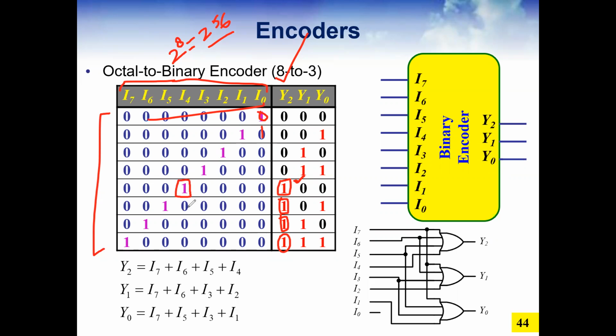Y2 will also be 1 if the Y5 input is present. Y2 will also be 1 if I6 is present, and so on. So we can simply write that Y2 will be high if I7 is high, or I6 is high, or I5 is high, or I4 is high. Do you get this point?